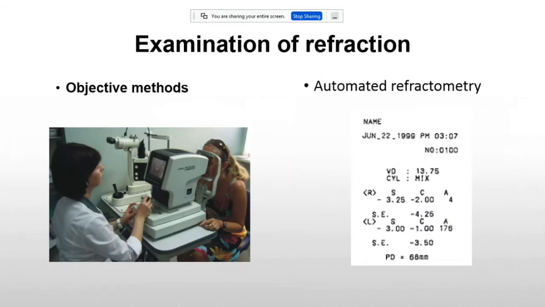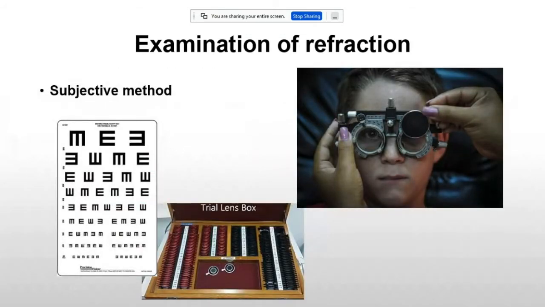So the patient takes glasses from this trial box: plus 0.5, then plus 1, plus 1.25, plus 1.5, and then plus 1.75, it becomes worse. Then the highest plus that the patient still sees clearly defines his hyperopia.